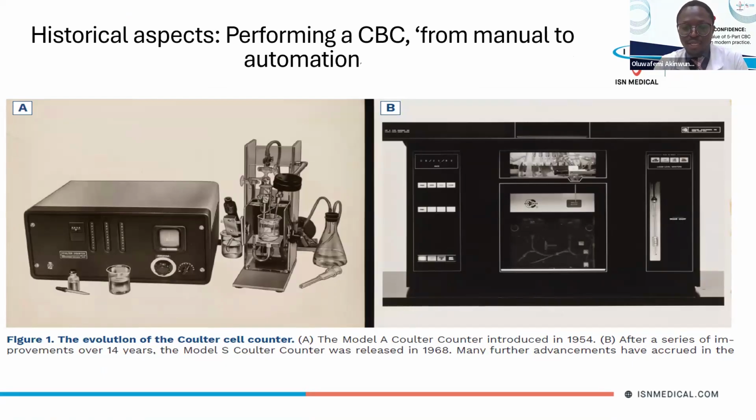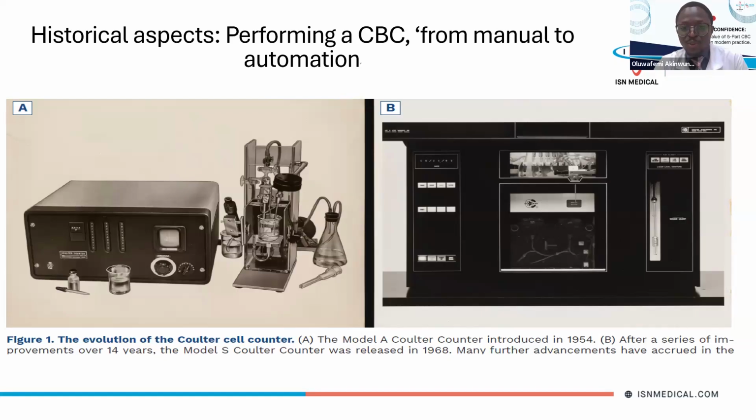They got a license to produce this in the US, and they presented it at a congress in the US. After a series of improvements over 14 years, they came up with the Model S Coulter counter, which was released in 1968. Apart from accuracy, this offers advantages over manual complete blood count measurement, and it also reduces the time it takes to generate a complete blood count.